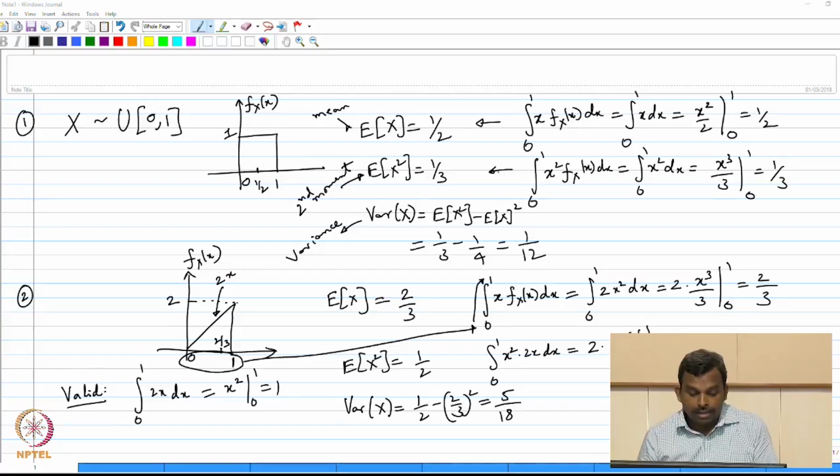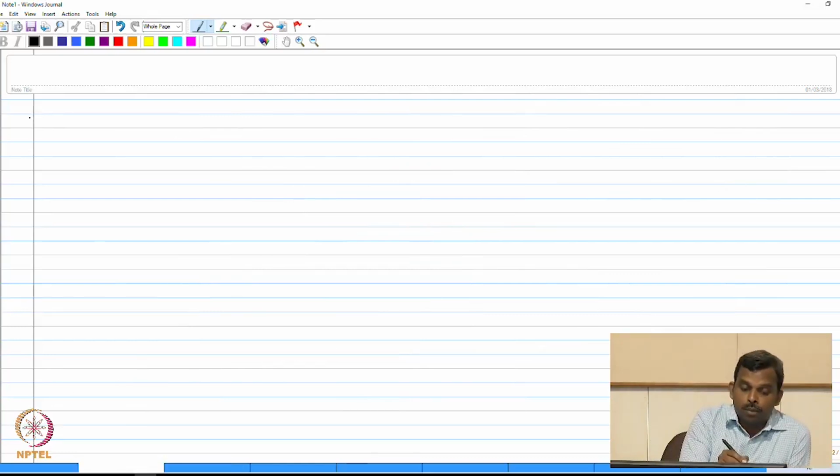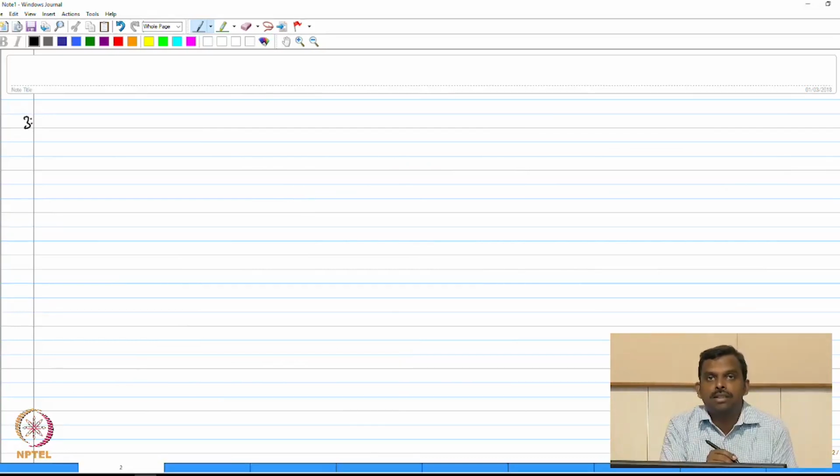Okay, so those are two simple examples of computing expected value, second moment and variance, and this kind of calculation is quite standard. Now if you have distributions involving exponential functions, then the calculation becomes slightly more tricky. You've also seen some calculations in class.